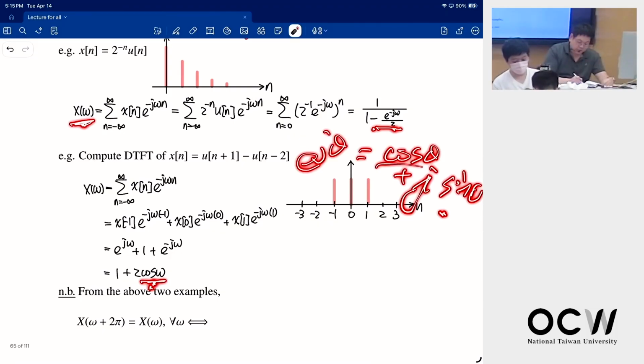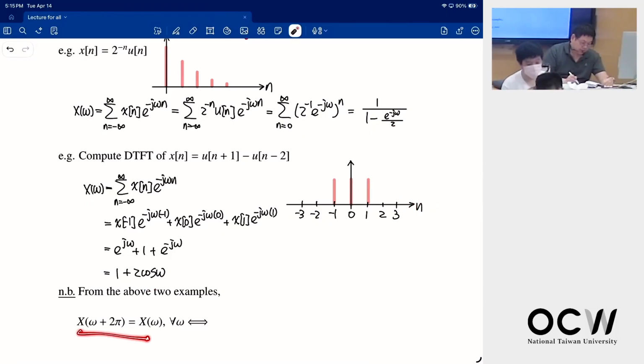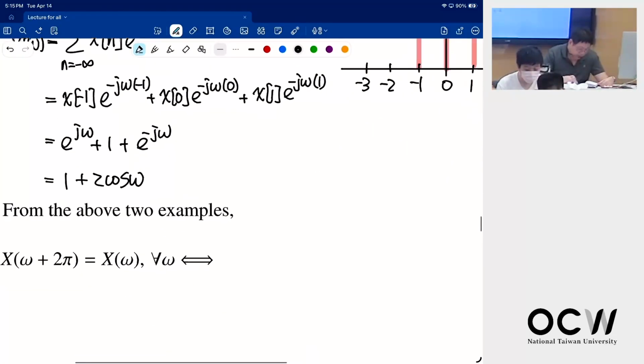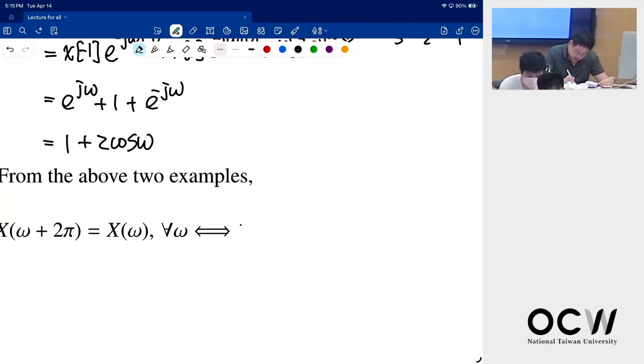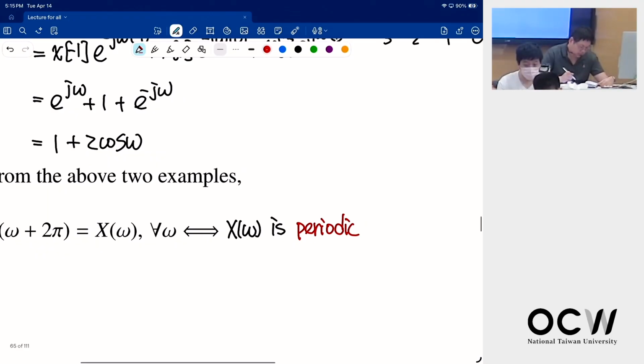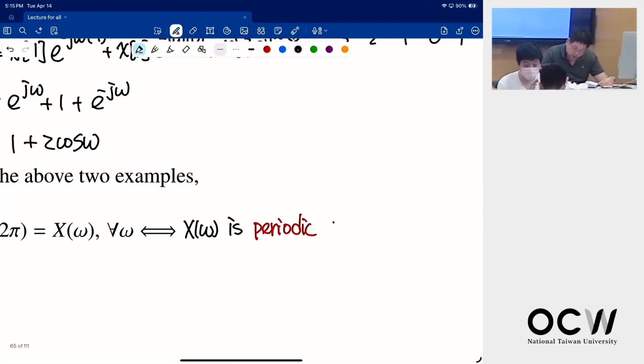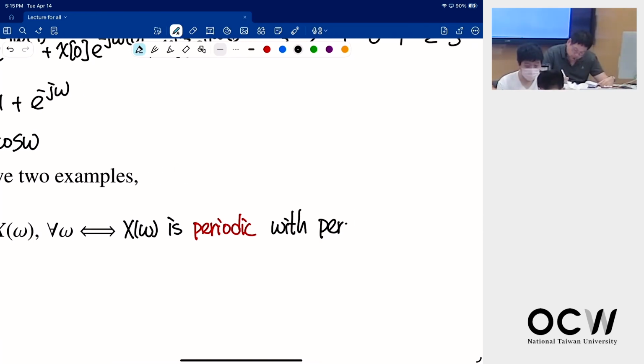Okay, the transform is periodic by 2 pi. So the discrete time Fourier transform X is periodic, and the period is 2 pi.